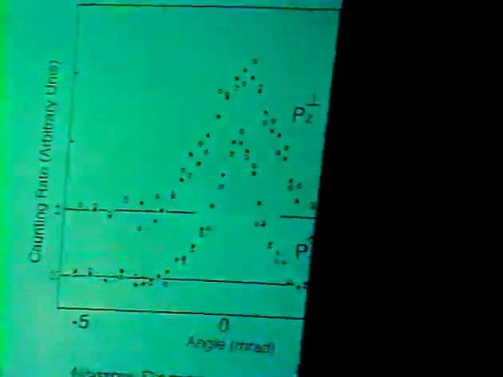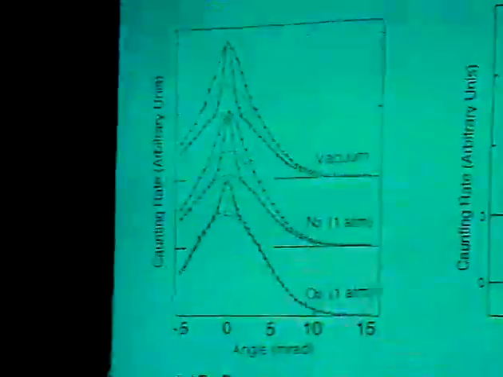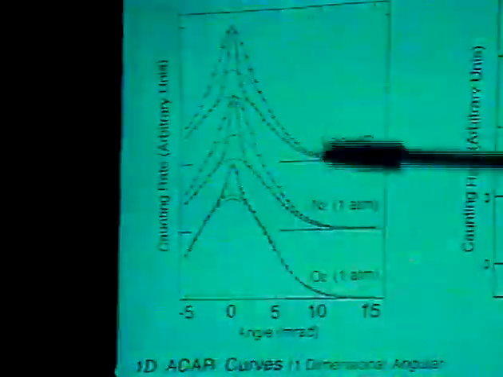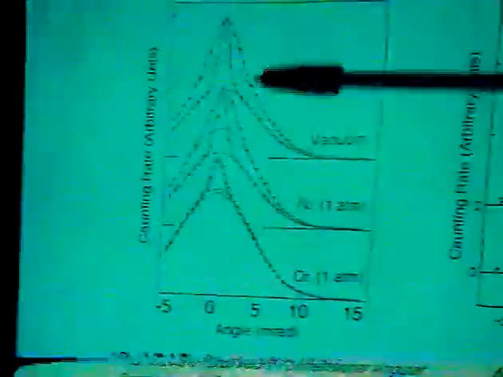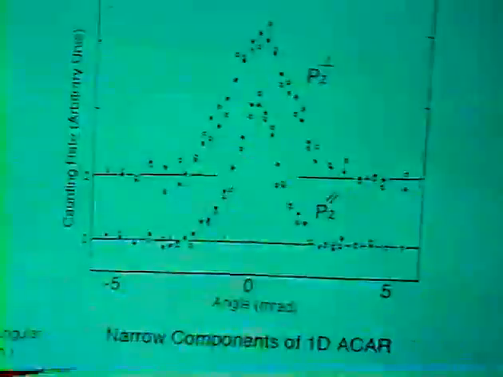The broad line is the sample set perpendicular to the axis, and the narrow one is the sample set parallel to the fiber axis. Nitrogen does not affect the ACAR spectrum.